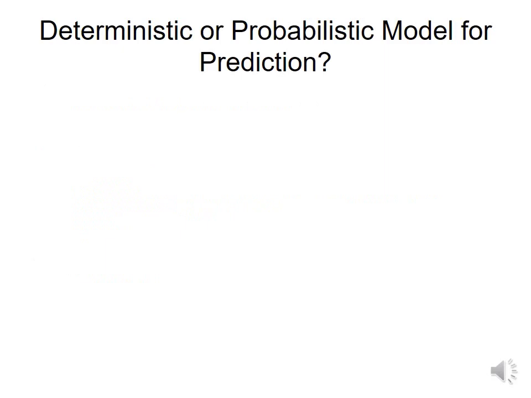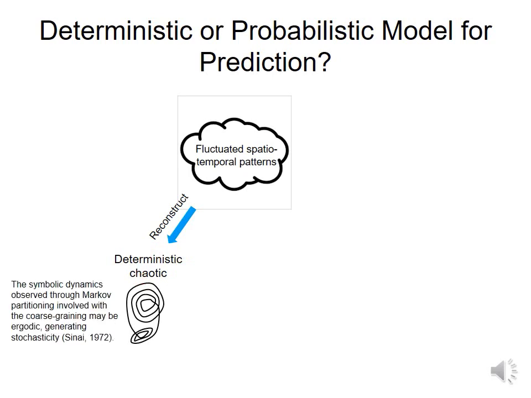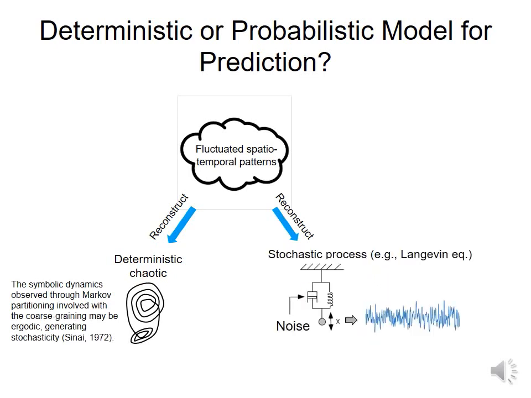So when we have a fluctuating spatiotemporal pattern like this one, it can be embedded in a deterministic model, deterministic chaos on one side. But the other possibility is that it can be reconstructed in a probabilistic finite state machine or stochastic dynamical system, like that explained by the Langevin equation.